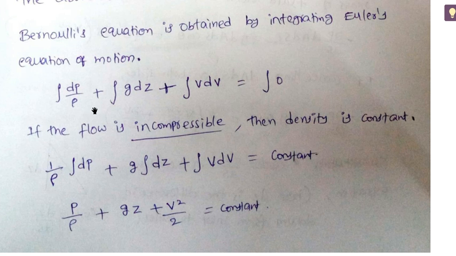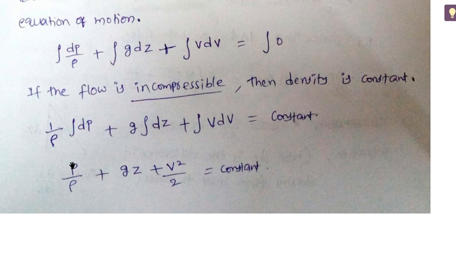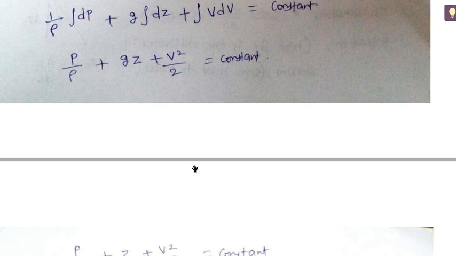So we can take the density term outside the integration: 1 by rho integral dp plus g, which is constant acceleration due to gravity, times integral dz plus integral v dv. By integrating, we get p by rho plus gz plus v square by 2 equals constant.